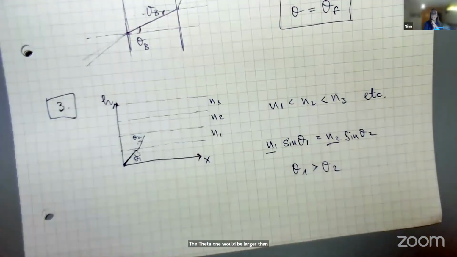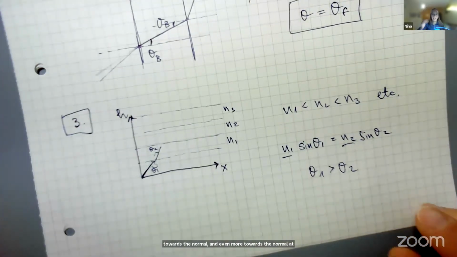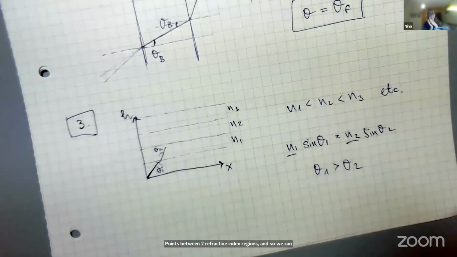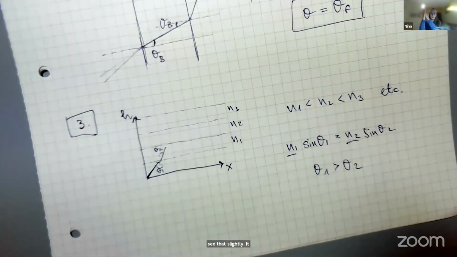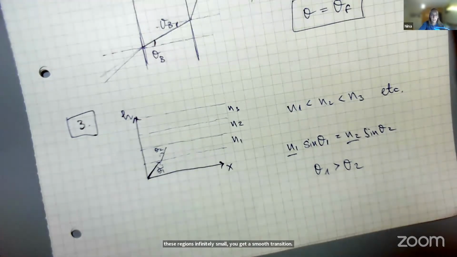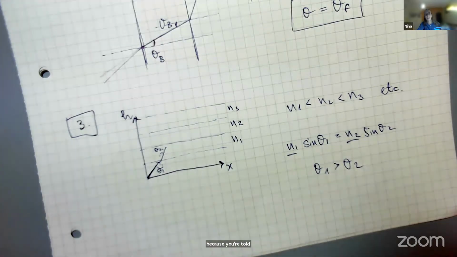And this would mean that as the light goes in, it gets bent towards the normal and even more towards the normal at the next point between two refractive index regions. And so we can see that it gradually bends towards the normal. And if you make these regions infinitely small, you get a smooth transition. So something, for example, like D wouldn't be the option because you're told that the refractive index changes steadily.